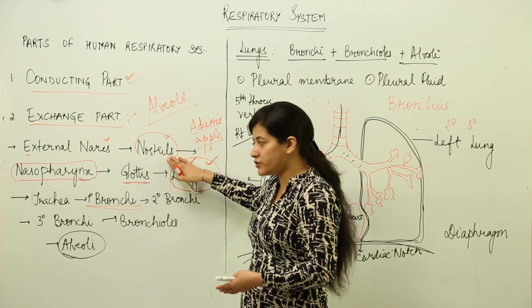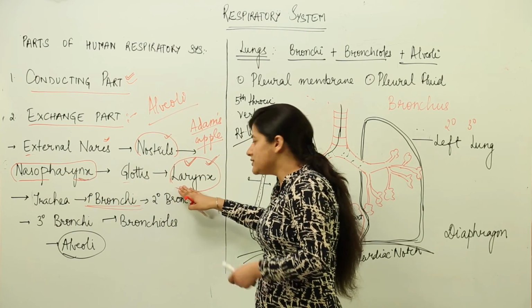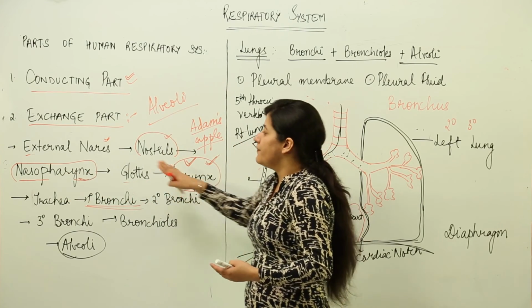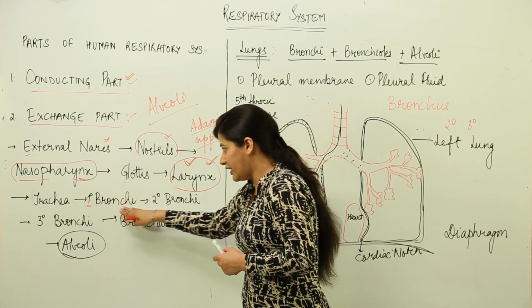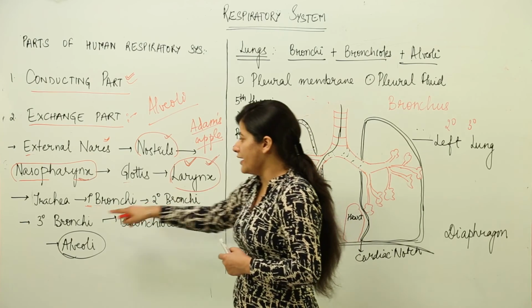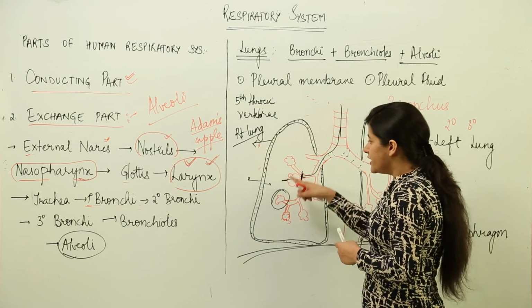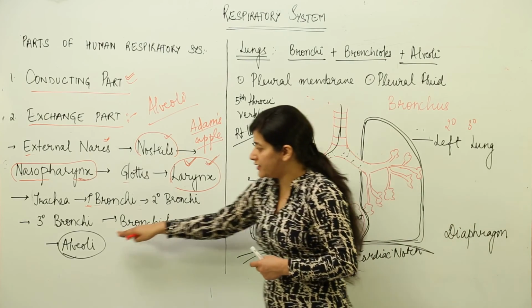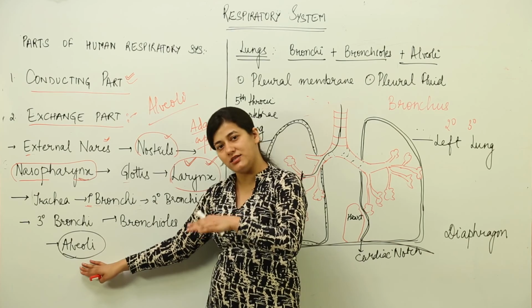Then it would go to nostrils, from there it would enter the nasopharynx, then to glottis, larynx, if some sort of sound is to be made, then it would enter trachea, and then the trachea bifurcates into bronchi, secondary bronchi, then tertiary bronchi, and then the last one is bronchioles. These bronchioles are in contact with the ducts of alveoli, and the alveoli is the part where the exchange of gases takes place.